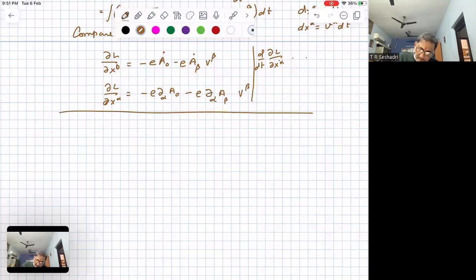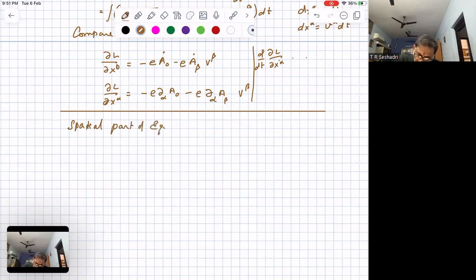And then I will write my equations of motion as the spatial part, del L by del X alpha equal to minus, now this is del alpha A naught, which is basically minus E alpha component of gradient phi, because A0 is phi.